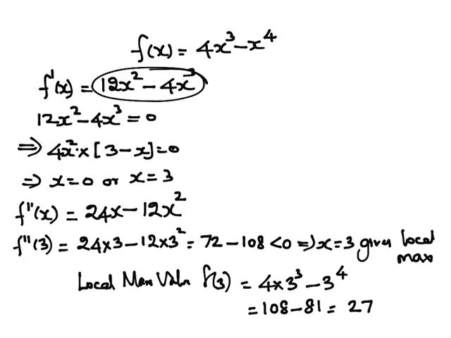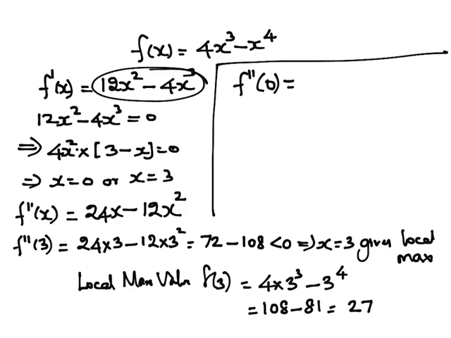We still have one more stationary point, which is 0. Let me substitute it in the second derivative. f''(0) is nothing but 24 into 0 minus 12 into 0 squared, which is 0.